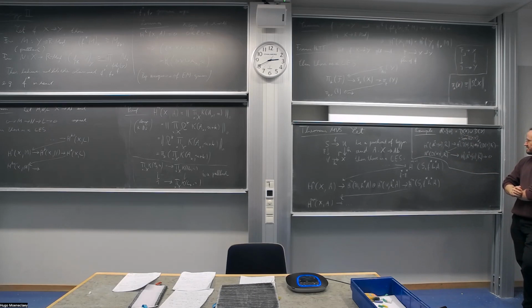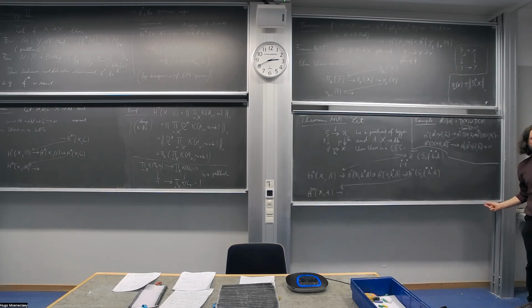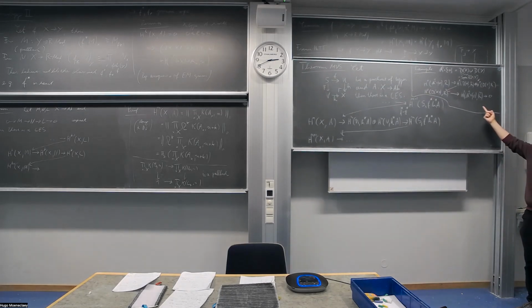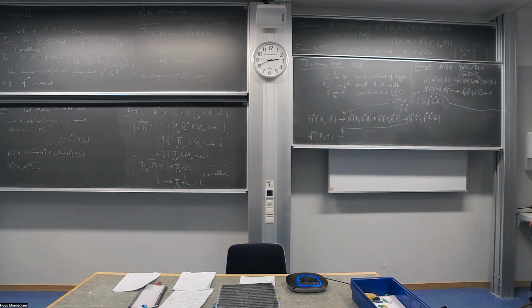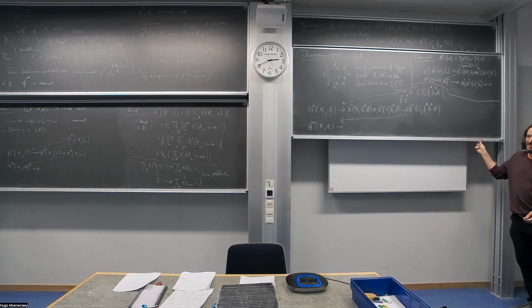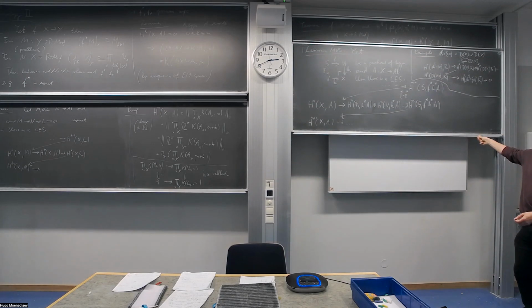I guess it's an exercise. Let's not take too long, but I think it actually works and gives you the answer. We don't need it now. Okay, and the rest of the week, I guess.